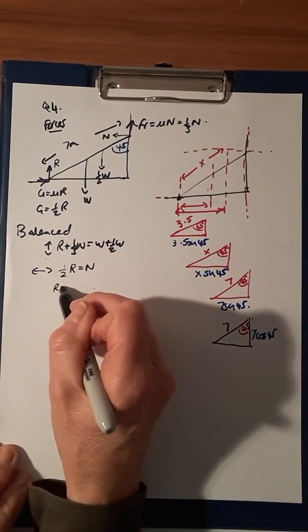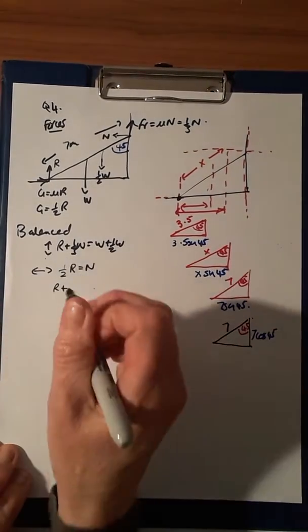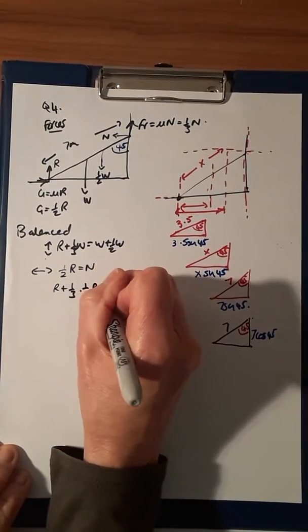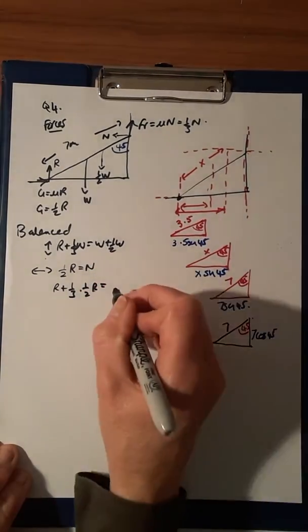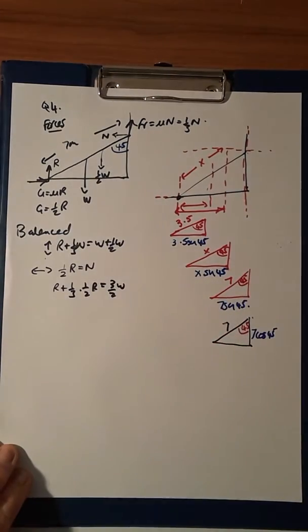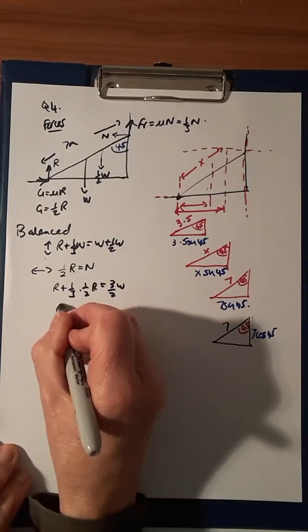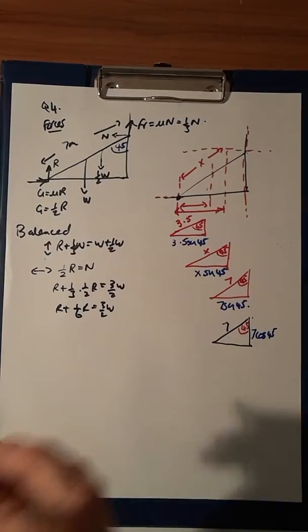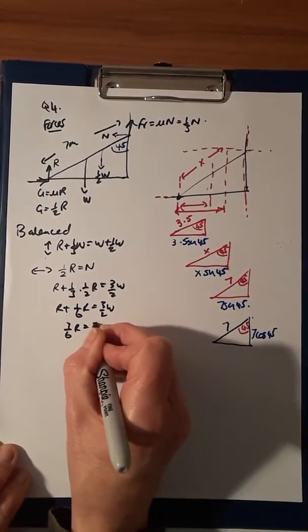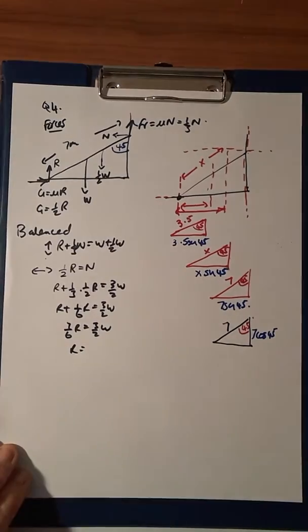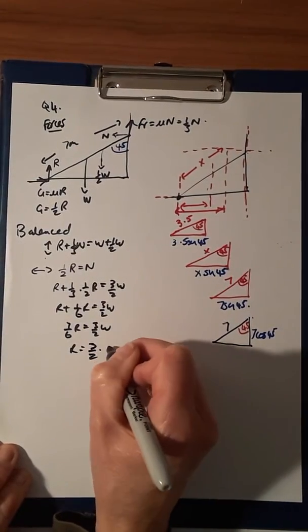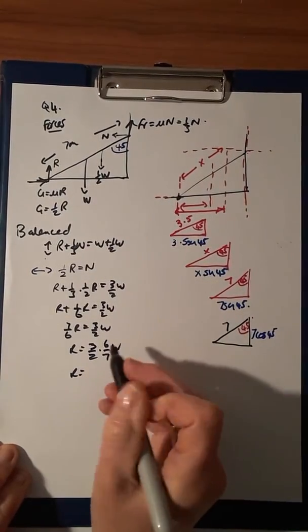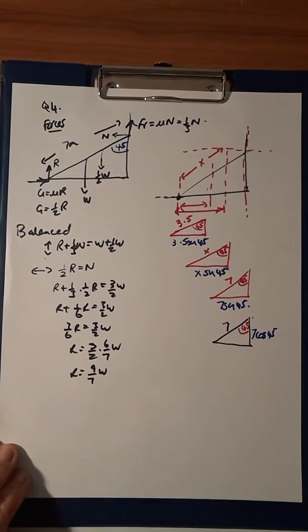So R plus, using this equation here, 1/3 N. But N is now a half R, so I'll put in a half R here, is equal to W plus a half W, which is 1.5 W, so that's 3/2 W. So this is R plus 1/6 of R is equal to 3/2 W. That means that 7/6 R is equal to 3/2 W. So R is equal to 3/2 by 6/7 W. Cancel that down and that'll go in 3 times, 3 3s are 9/7 W.